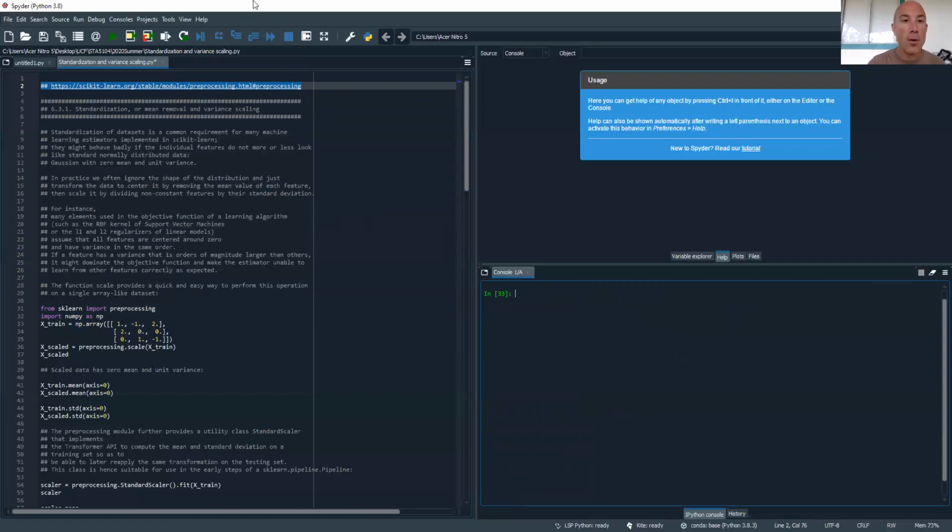Good thing to do. It doesn't print for me, but here is the website. If you want to take a look, there's a lot of good stuff. This is the first part of the pre-processing part of the web page, and this is a good place to start.